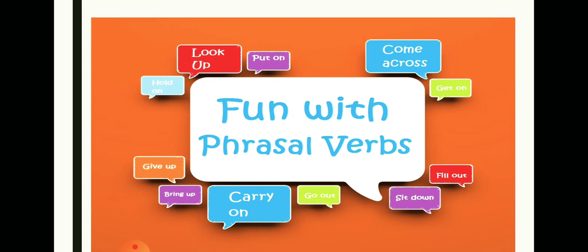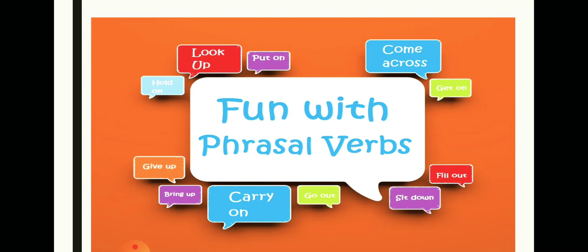But it never has that meaning; the meaning of look up is to refer to something in a book. And put on never takes the individual meanings of put and on, but it takes an entirely new meaning, which is wear.